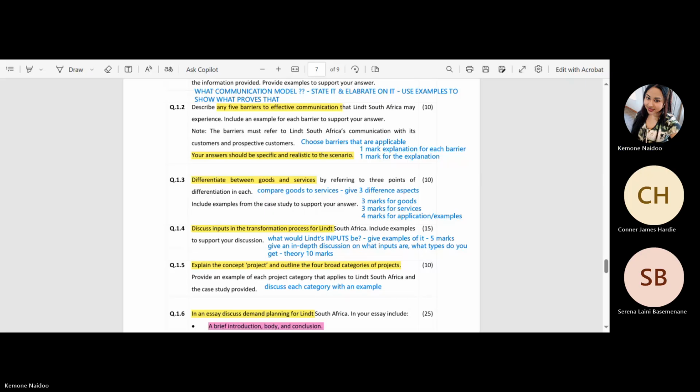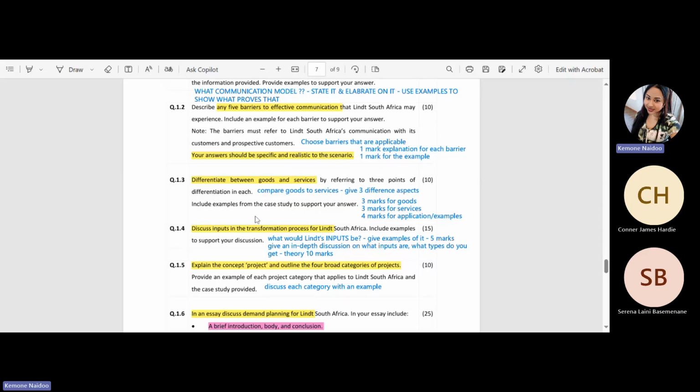So because this is a 10-mark question, we can assume 1 mark is for the explanation of each barrier and 1 mark is for an example. Okay, right. It's just an example. So 1 mark explanation, 1 mark for the example. It must relate to Lindt.